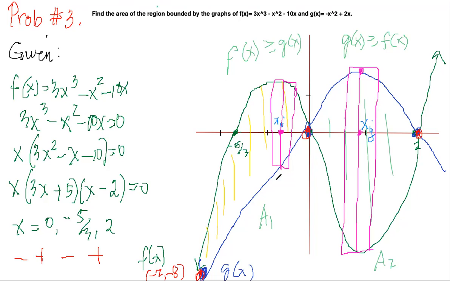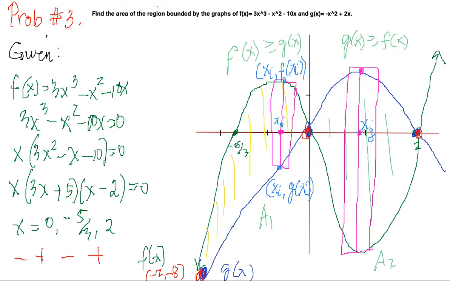If this is our x sub i, this point is x sub i and g of x sub i. And this point here is x sub i and f of x sub i, right?